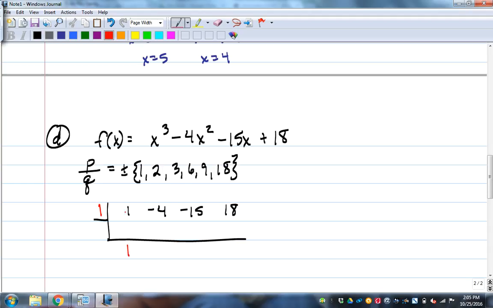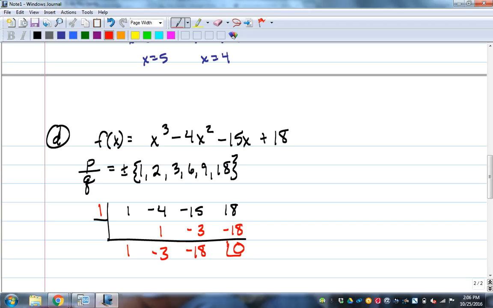Run that through with synthetic. So I get a 0 as my remainder. That's what I expected to happen, whether you used a 1, a -3, or a +6.